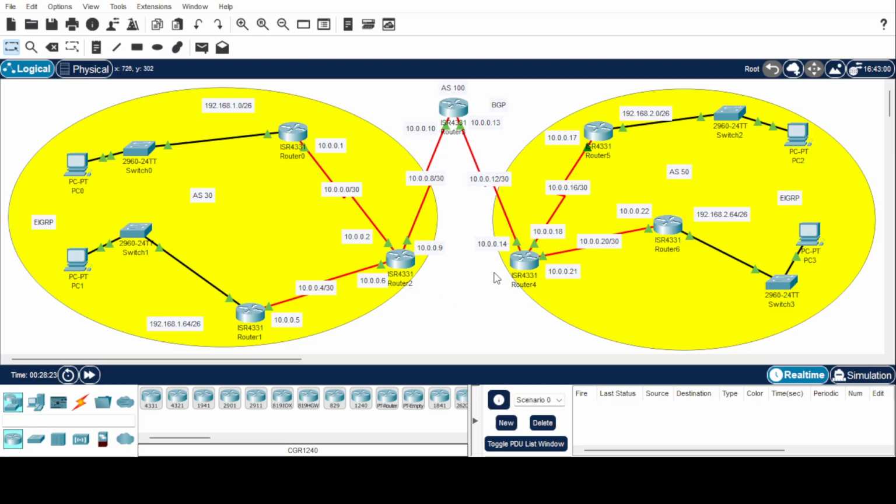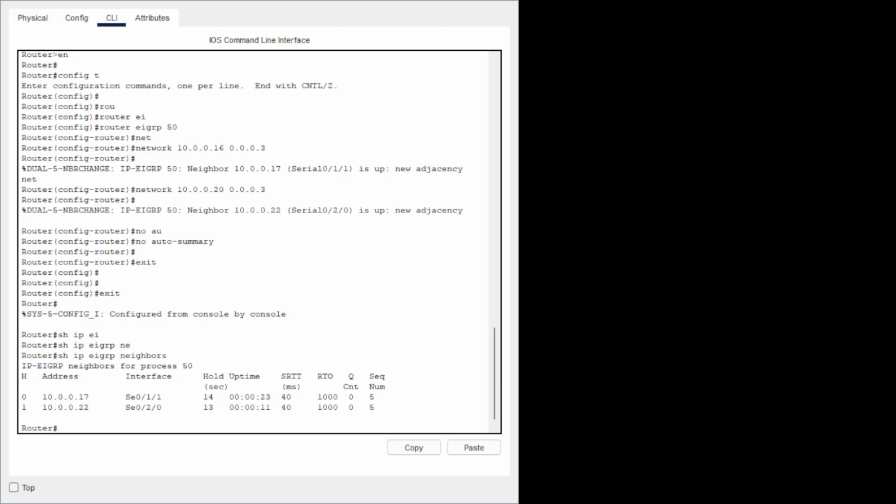So let's go to router number 4, which is the edge router for network number 2. Router number 4.